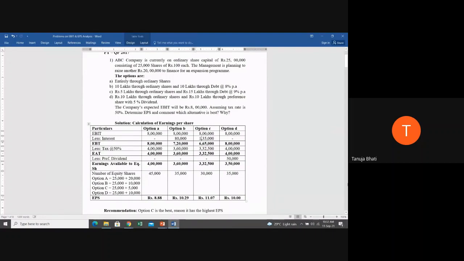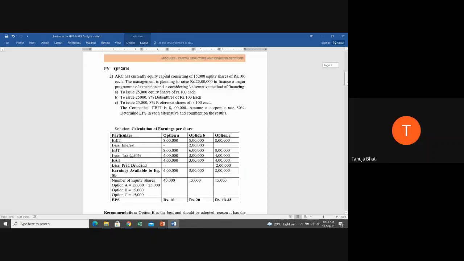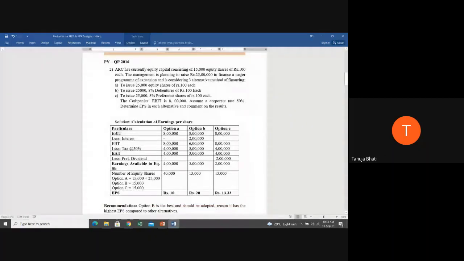Is it clear? Problem number 1, is it clear to everyone? Yes, ma'am. Let us move ahead to problem number 2. So all problems are on the same line, students.